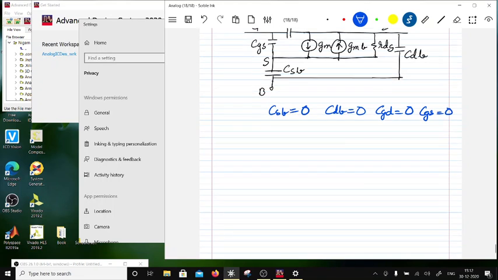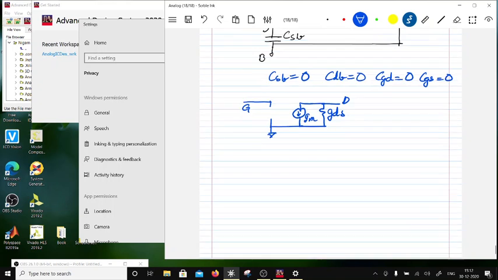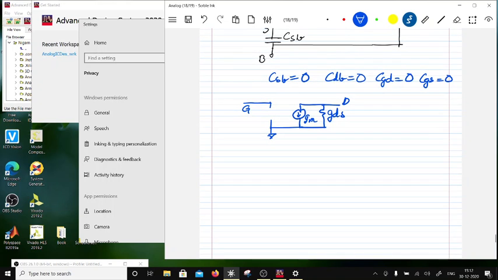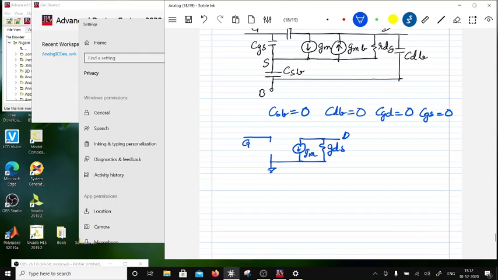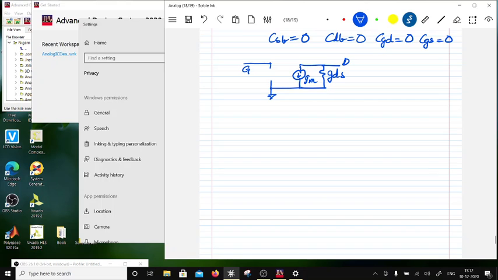So I would be left with GMB will be 0, so all I'm left with will be a resistance, which I can say GDS, which is 1 over RDS, and GM. So I'm just left with this, and this will be connected to ground, for example, in case it is a common source, and I'll come to that, gate and drain. So you see that the device model is very simplified for a small signal low frequency analysis. So we will do a low frequency analysis, and then we'll look at the high frequency analysis.